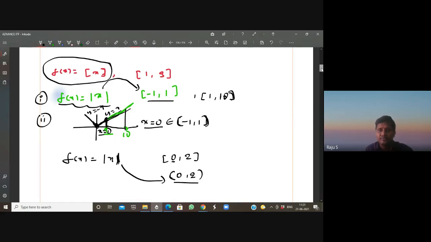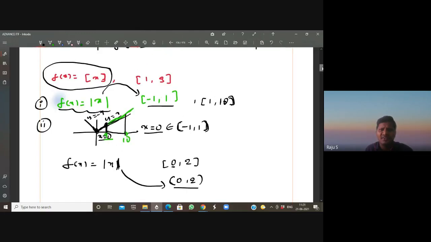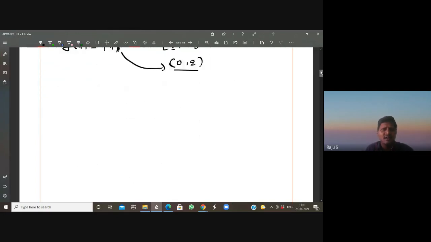Okay. And coming to other functions, in the last class we already discussed a few functions, like f of x is equal to tan x, or f of x is equal to cot x, or f of x is equal to secant x, f of x is equal to cosecant x. So is tan x continuous everywhere?